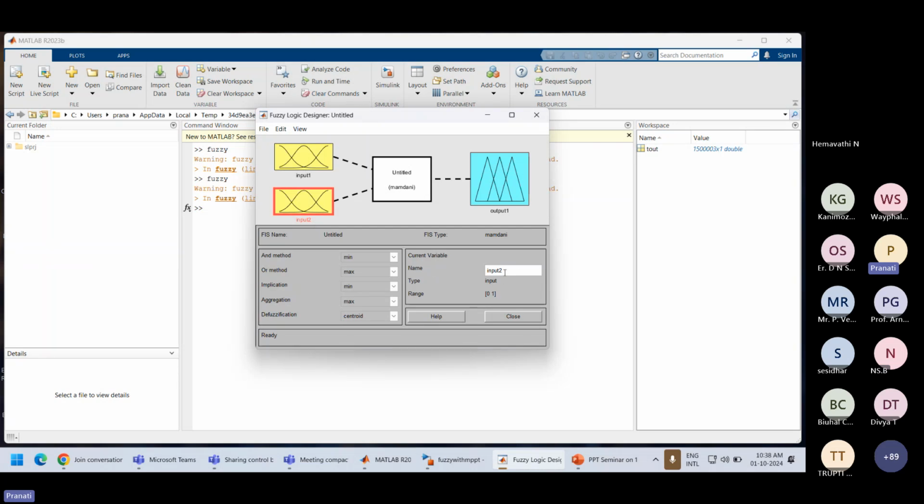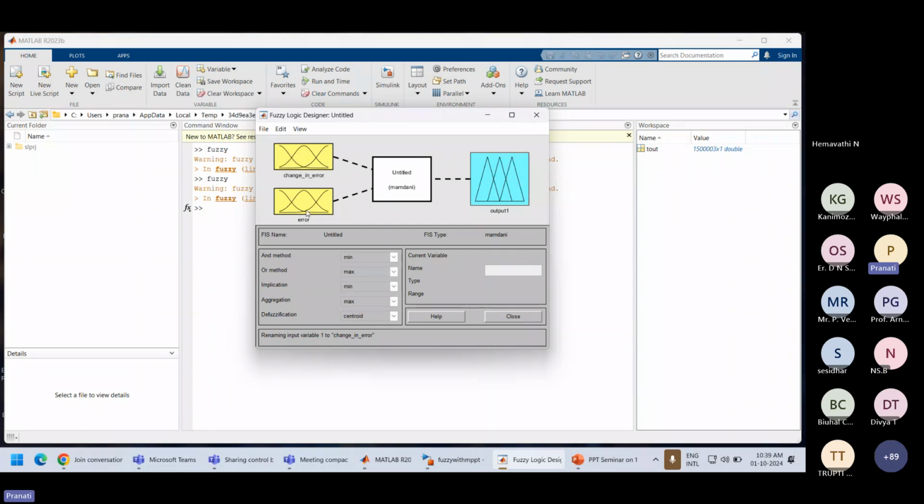So we can use ERR here for error, and this one as change in error.